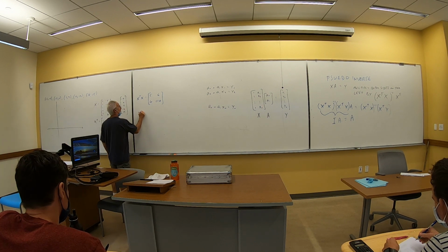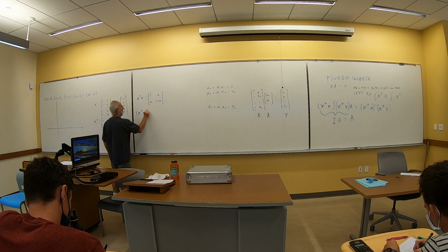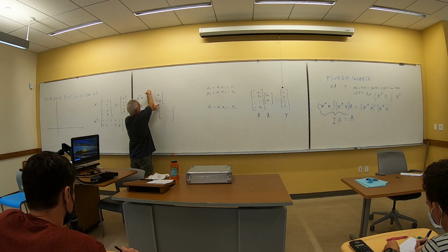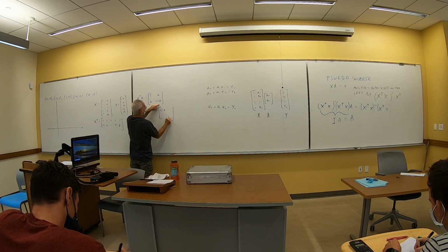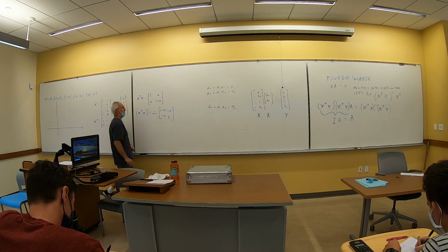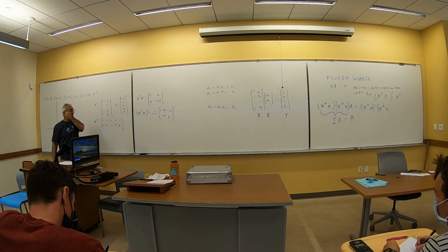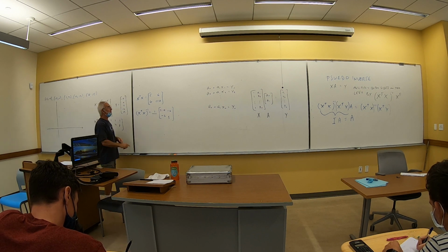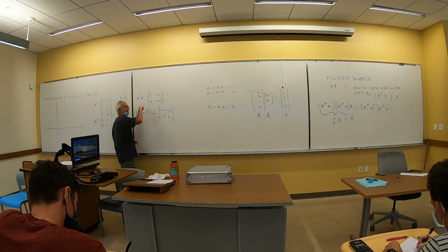Now I need the inverse. What goes in front? So it's 550 minus 36, so that'd be 514.